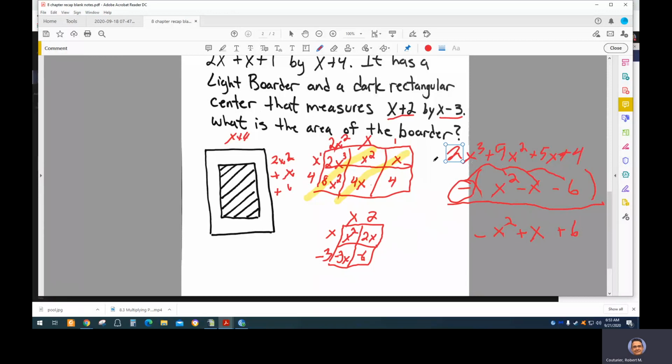That was our step 1. Take this, rewrite it. 2x to the third plus 9x squared plus 5x plus 4.